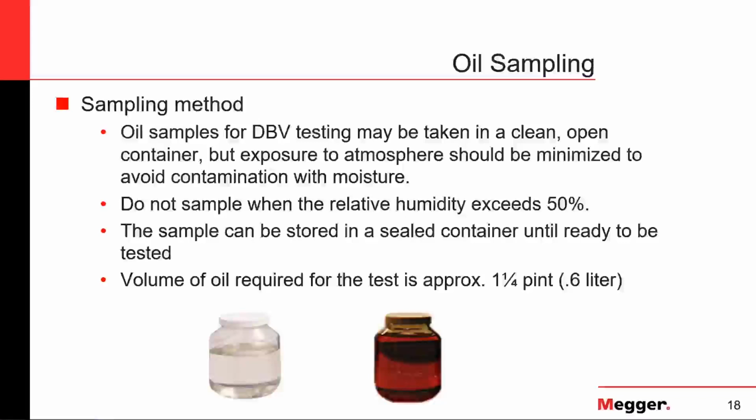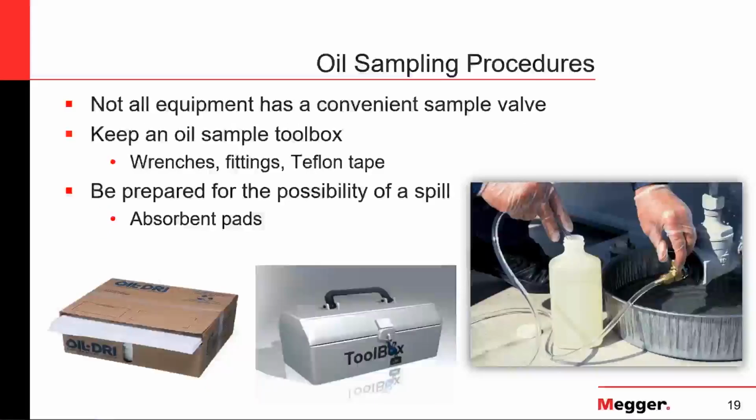When we do take samples, make sure you seal and label the container right after you finish filling it. Again, make sure that you are not getting external contamination in the oil you are sampling. Now, for dielectric breakdown voltage testing, the minimum volume you need is about 0.6 liters, or one quart. But again, this is the minimum volume needed.